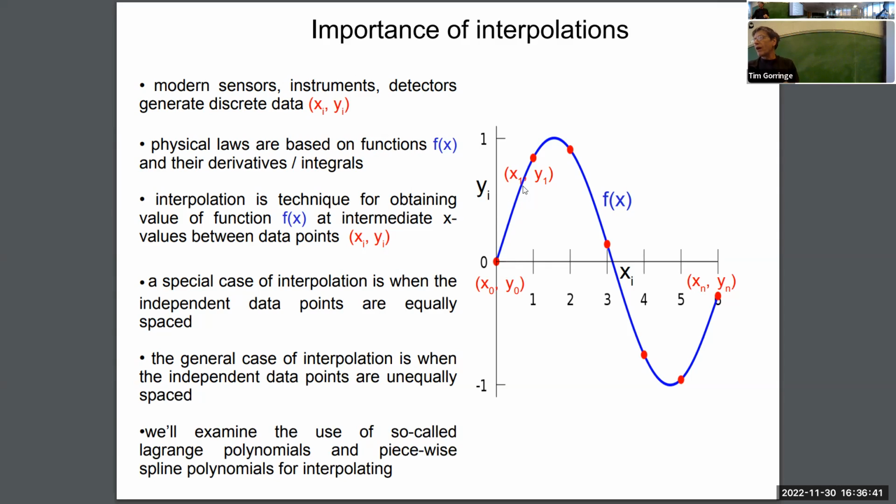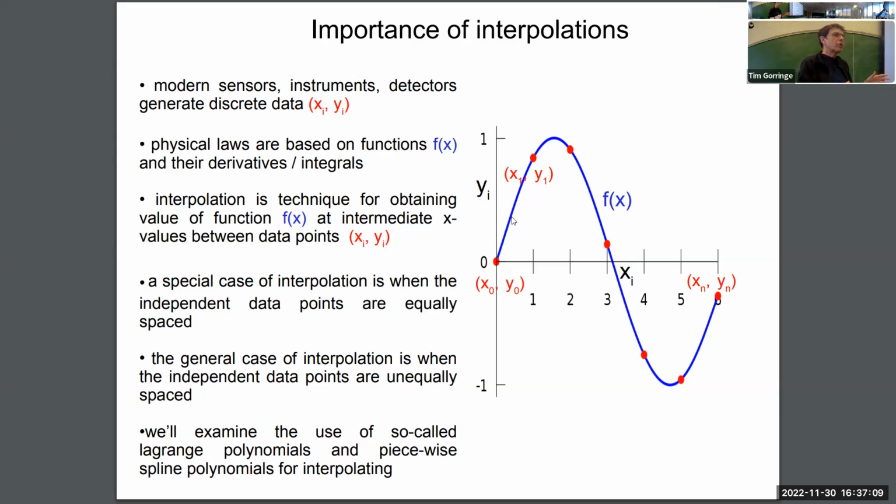And we want to find this smooth function, f of x, which I indicated as blue, that underlies those data points. So we want to be able to interpolate the value of the function between the measured data points. That's the problem we're going to solve, in two different ways, one in today's class, one in the next class.